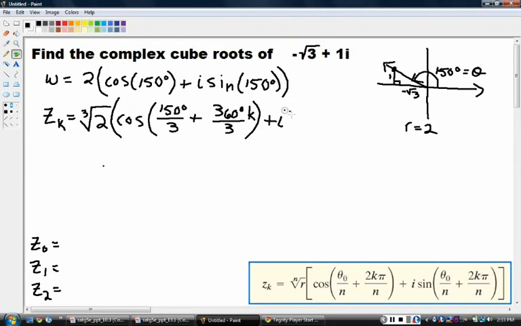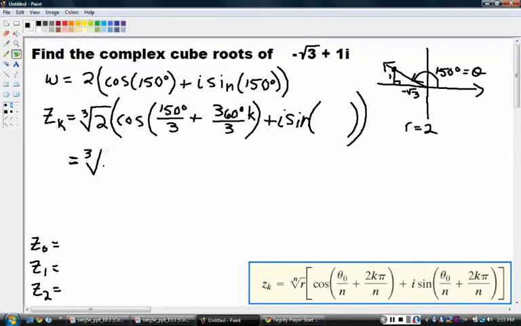Plus i sine, and I'm going to leave this blank to save myself some trouble because the same thing goes in there. That is, 150 degrees over 3 plus 360 degrees k over 3 goes in there. I'm just saving myself the room. You can do that too, I don't mind.